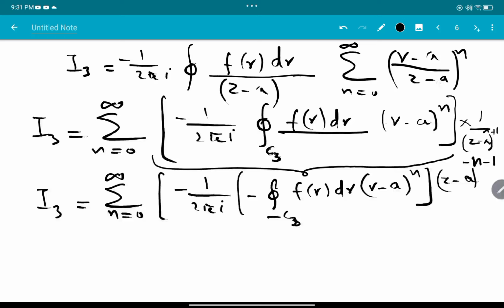I have taken it to the numerator where it is minus n minus 1. So this minus and this minus will go.